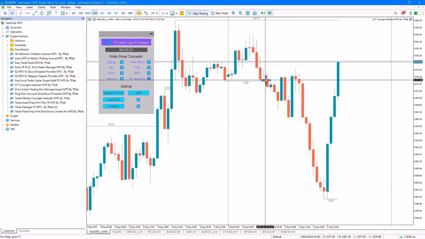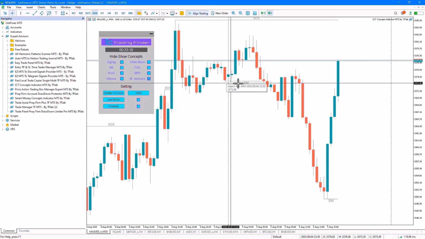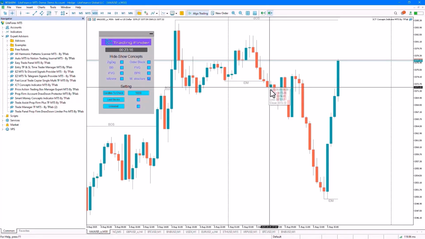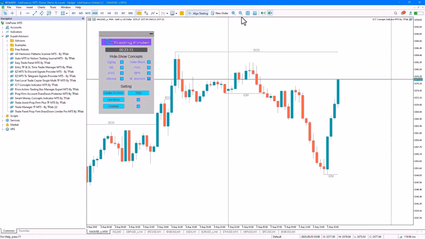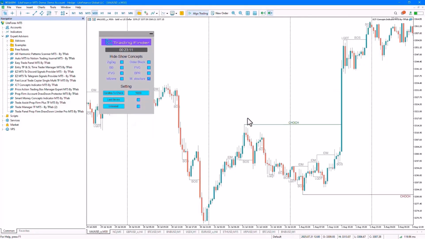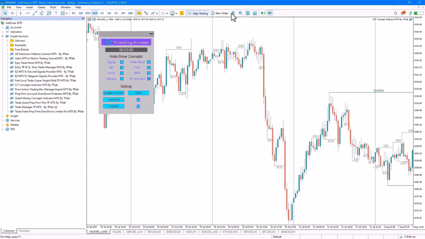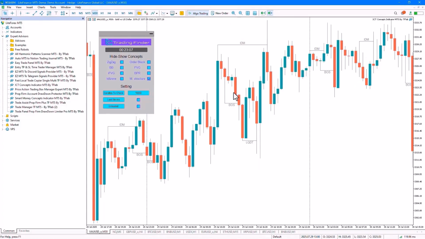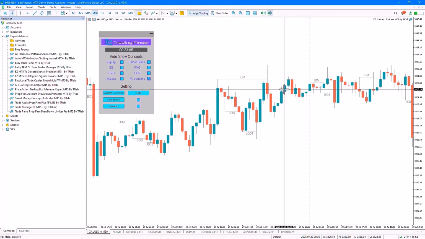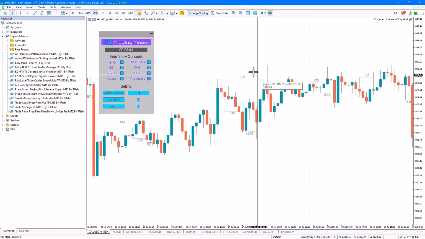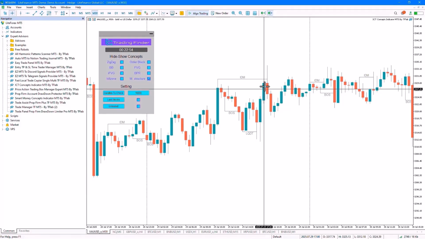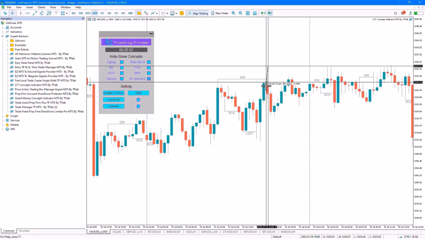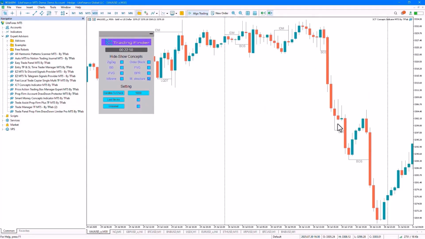In another section, we can see that an inducement level has been identified for us here, and the price has broken this level to the downside. Or in another section, the price, by collecting substantial liquidity and deceiving unsuspecting traders, hit the stop losses located precisely here and subsequently continued its powerful trend.